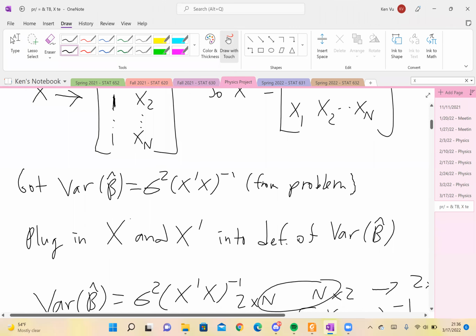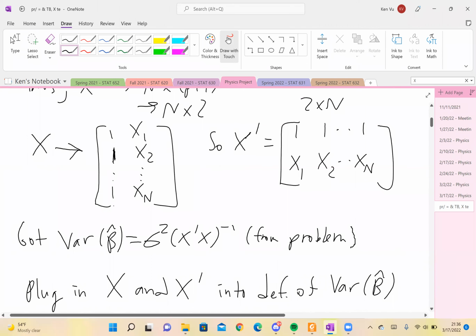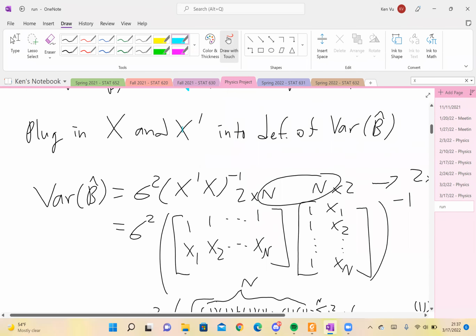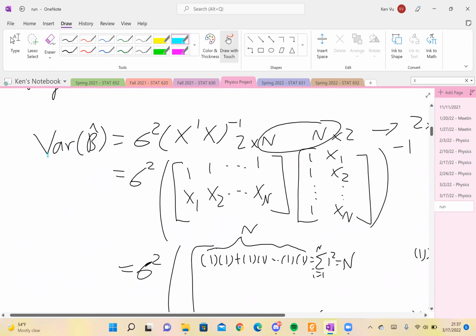So using this definition, let's plug in X and X transpose as we defined up here, into the equation for the variance of beta hat.